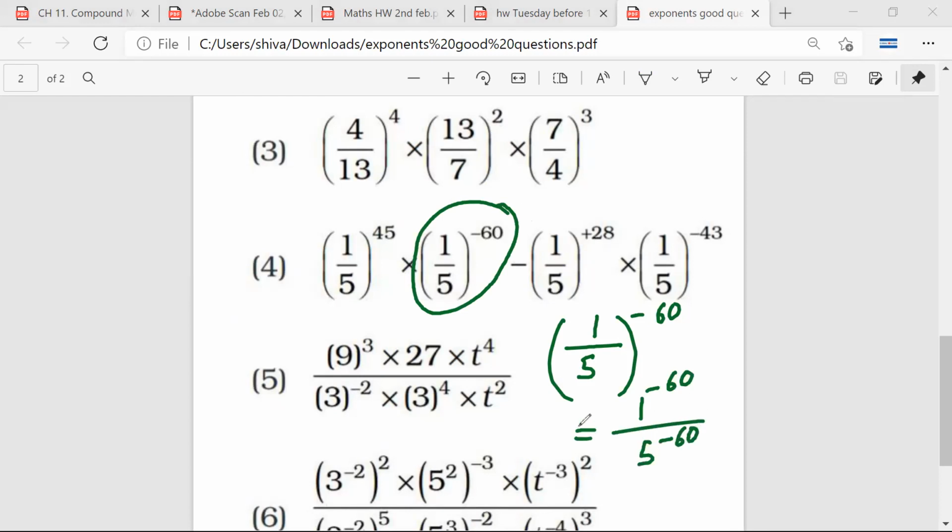Aishwarya, is it okay? One thing that you need to be comfortable with, and if you are not comfortable, please let me know. Do you understand that 1 raised to power minus 45 or 1 raised to power 45 is 1? Is there any confusion about this?